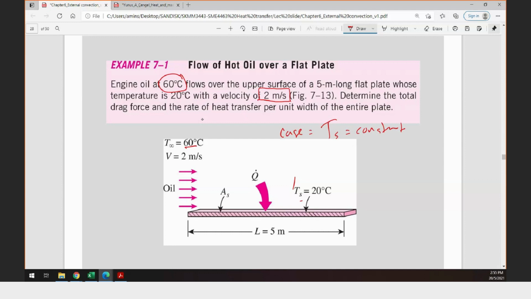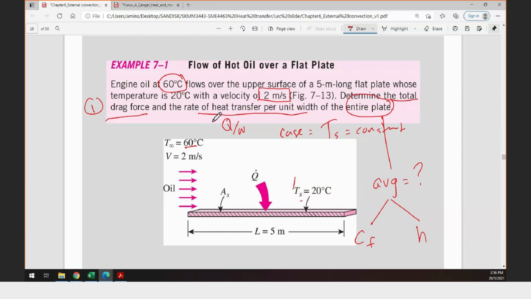Determine the total drag force and the rate of heat transfer per unit width, Q divided by W, of the entire plate. What is meant by entire plate? You need to find the average value of Cf and also h, without the x subscript.